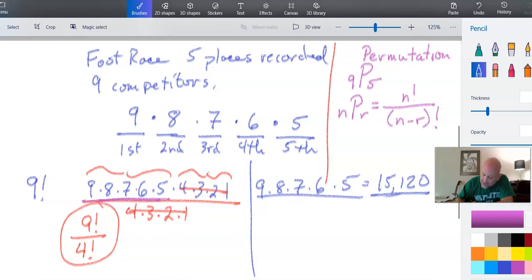Let's see how that matches up over here. We're taking 9 things 5 at a time, so that's 9P5. That would be 9 factorial over 9 minus 5 factorial. Well, 9 minus 5 is 4, isn't it?